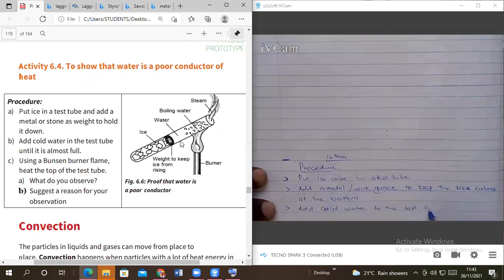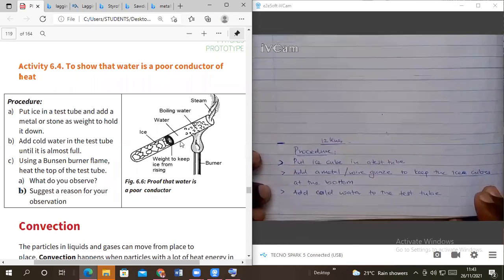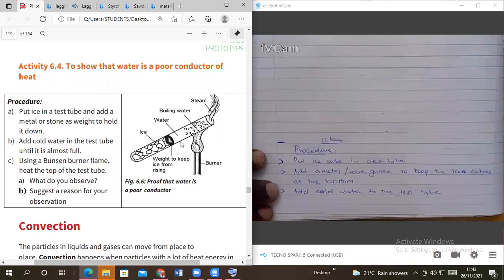So you can come back in the next session and complete the notes.